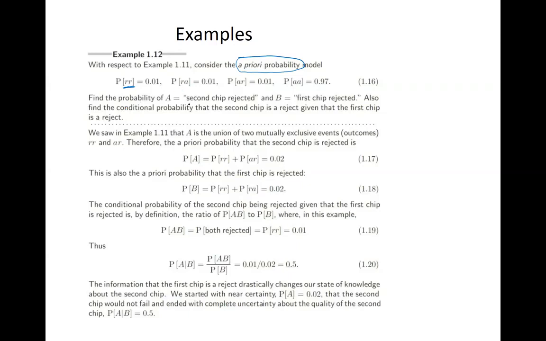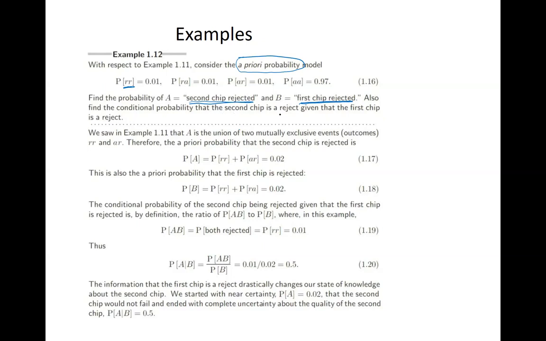Find the probability of A, second chip rejected, and B, first chip rejected. Also find the conditional probability that the second chip is a reject, given that the first chip is a reject. Okay?